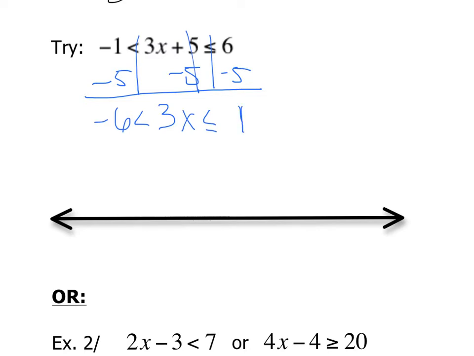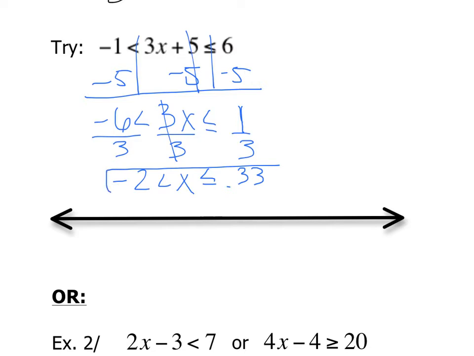And then what's the last step? Divide by 3, divide by 3, divide by 3. Negative 6 divided by 3 is negative 2. My inequalities do not change because I did not divide or multiply by a negative number. And then 1/3 is 0.33 repeating. So here's my solution.